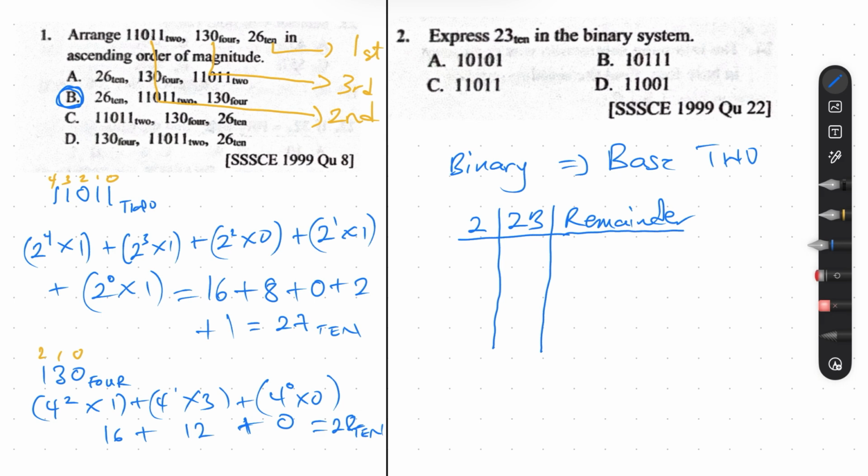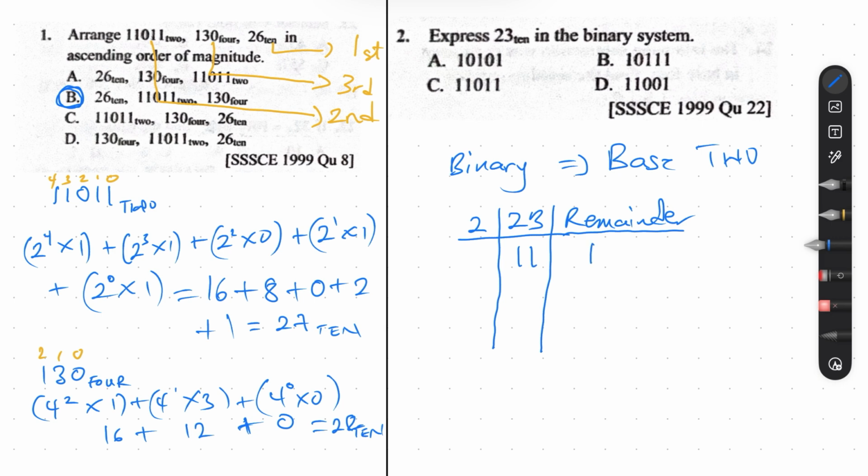Okay, so now how many times does 2 go into 23? It goes 11 times, right? And then the remainder will be what? 1, because 2 times 11 is 22. So if you subtract the 22 from 23, the remainder will be what? 1. Okay, so that will be 11 times the remainder is 1.